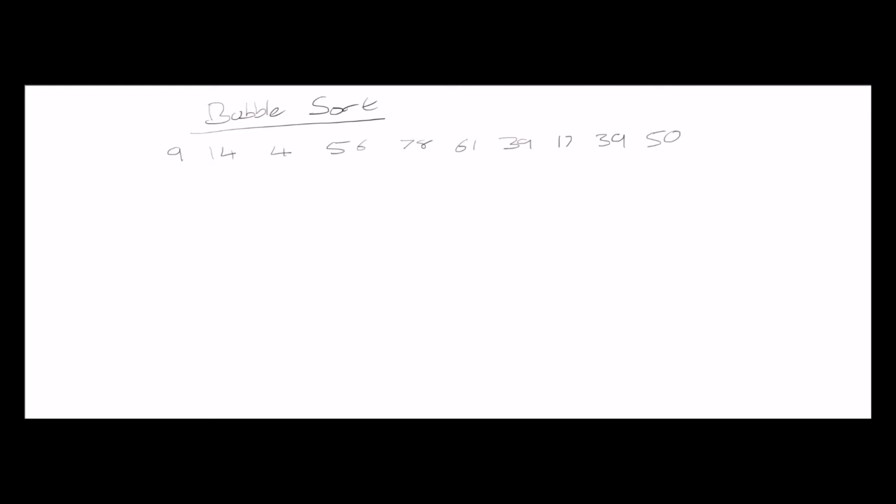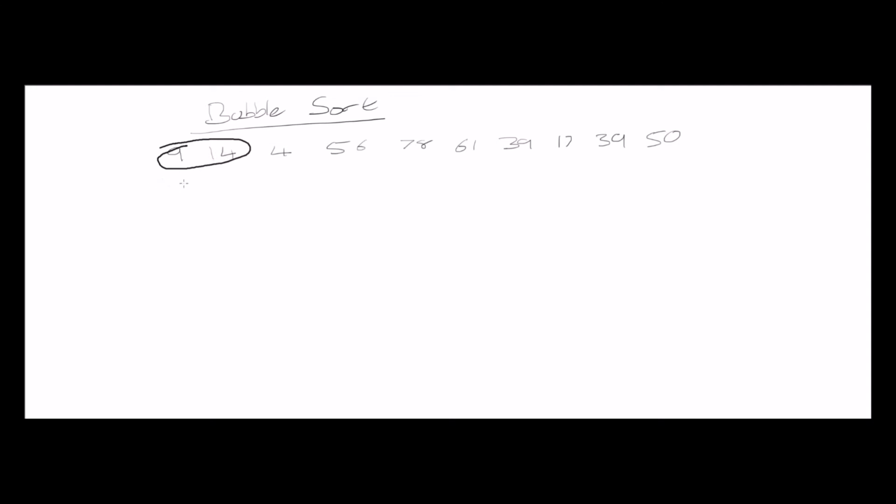Okay, so first of all what we've got to do is make our first comparison. To start off with, I'm going to be comparing 9 and 14, and I should mention I'm going to be sorting this list into ascending order, so the smallest number on the left hand side and the largest number on this side. When I compare 9 and 14, I see that they are already in ascending order, meaning that 9 is obviously less than 14.